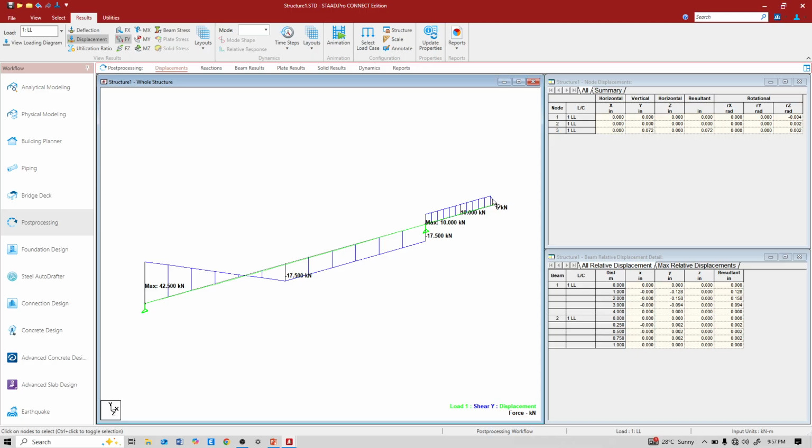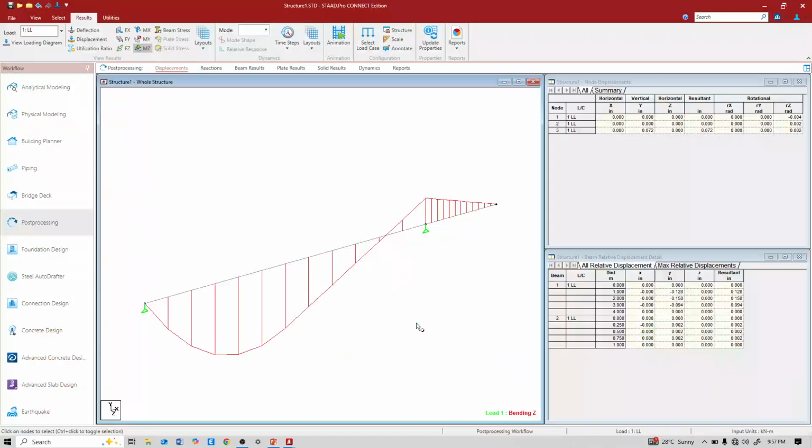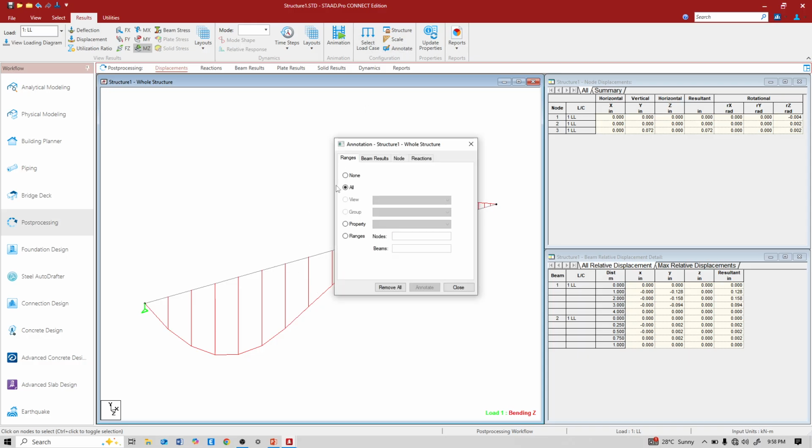This portion is, but values are correct. Now movement. See this deflection, displacement deflection is also correct. Now this Mz is movement. See, movement shape is also correct. Only STAAD considers sagging movement as negative and hogging movement as positive. That's why this is an inverted shape of bending movement.